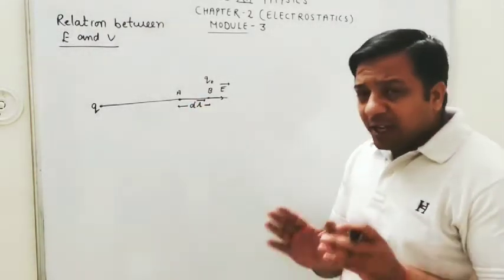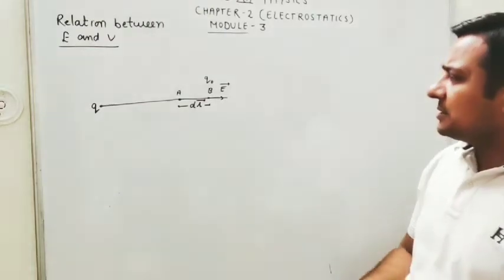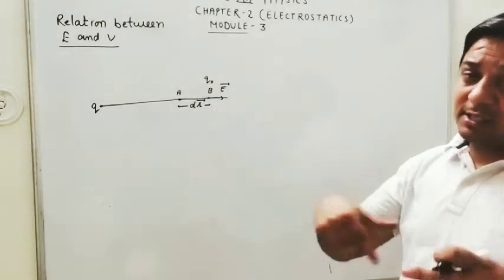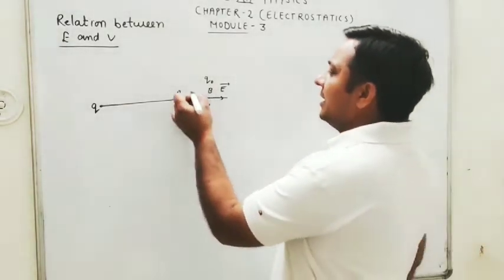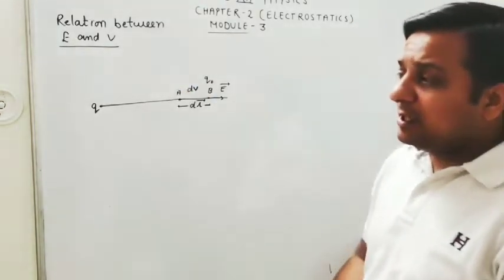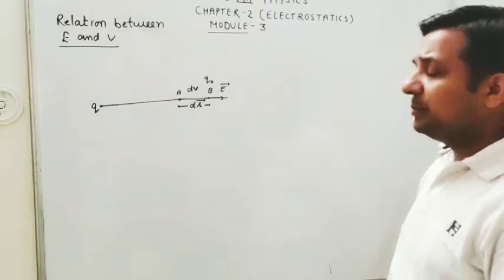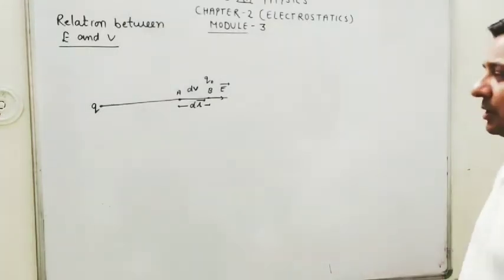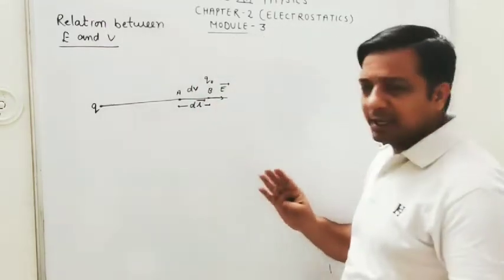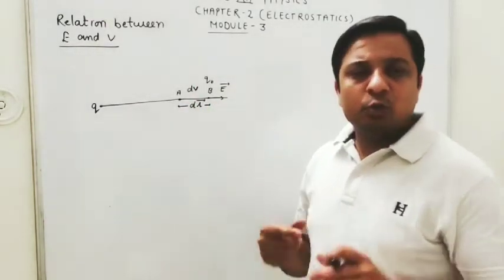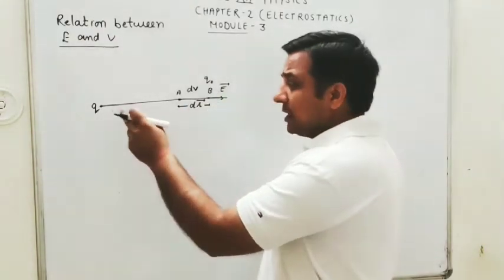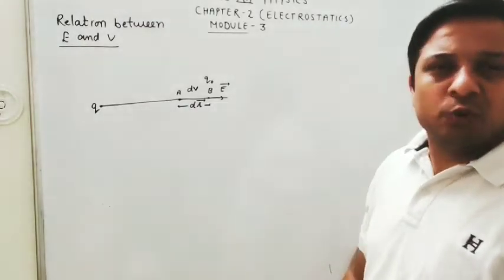Because we have studied the potential difference between point B and point A, for a small distance there is a small difference in potential, and that is dV. dV is the potential difference between the 2 points A and B. At A there is one potential and at B another potential of charge Q, because it depends on distance.